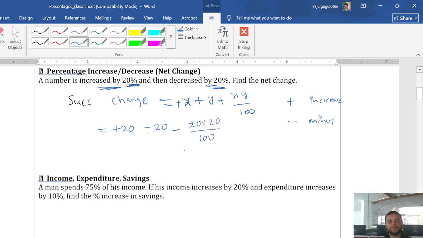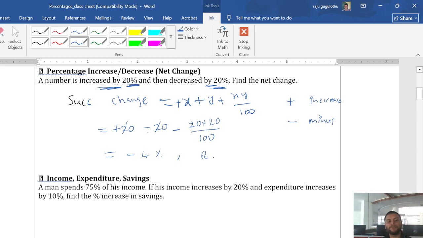The 20s cancel, and the result is minus 4 percentage, which means the number will be losing 4 percentage of itself.